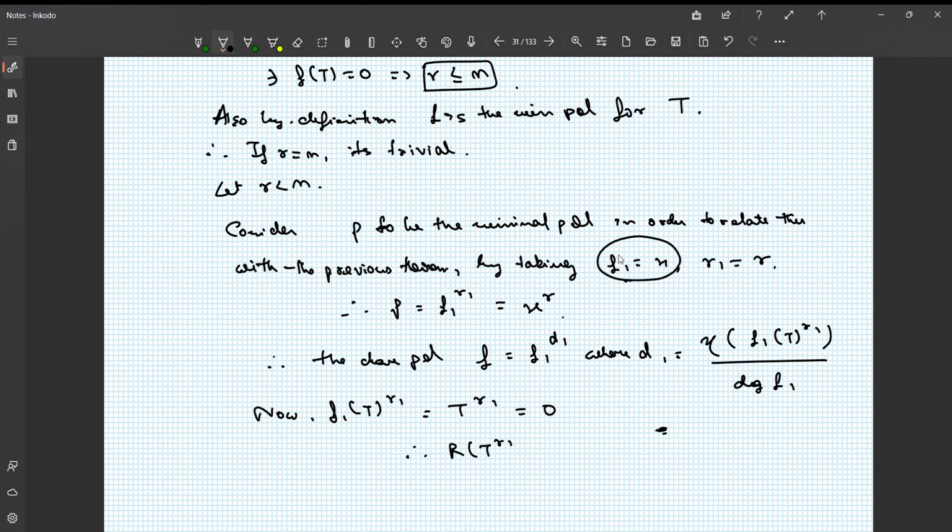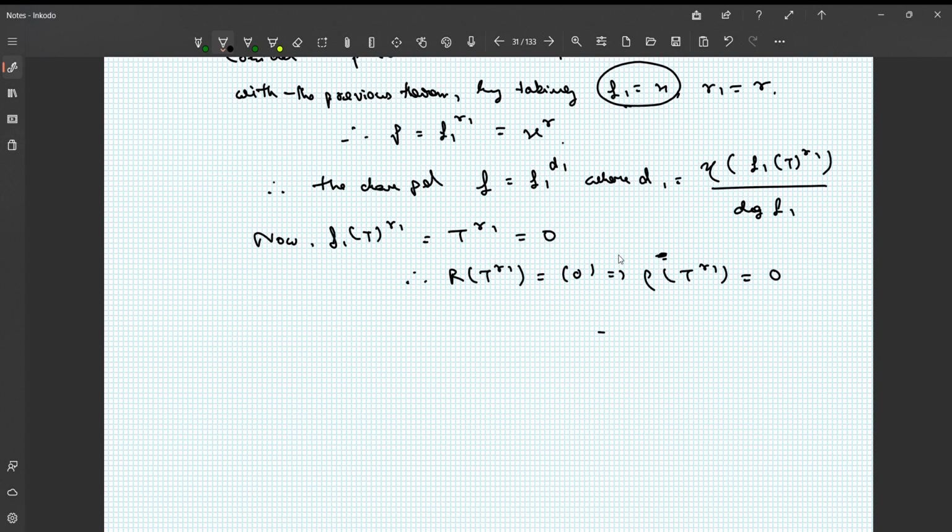Therefore, the range of this is the zero subspace, or in other words, the rank of this is 0, right? We are working inside a finite dimensional vector space of dimension n.